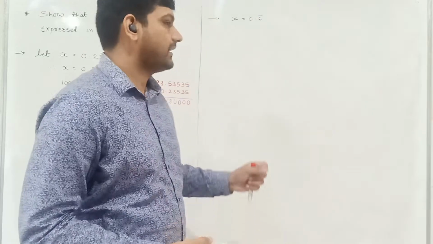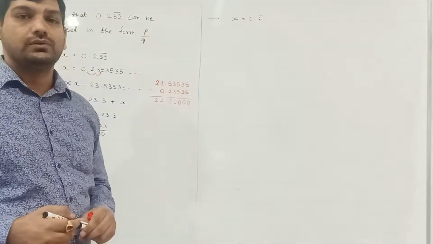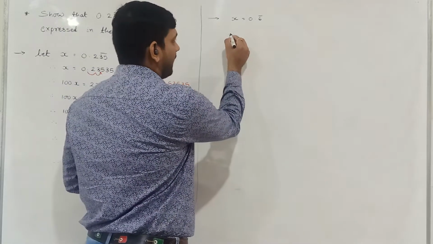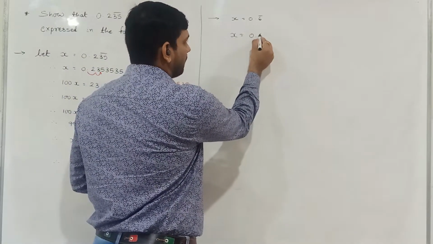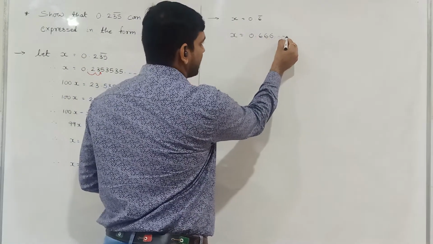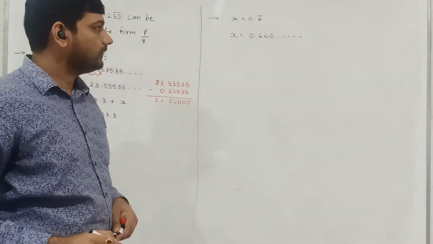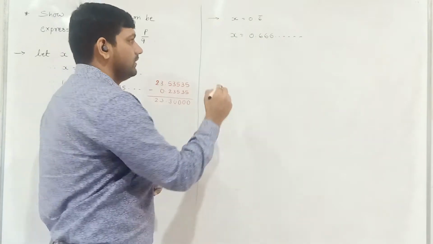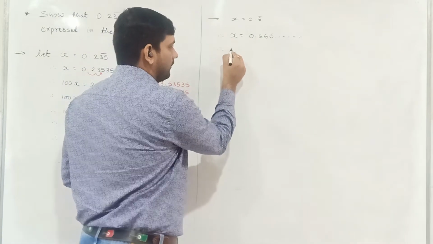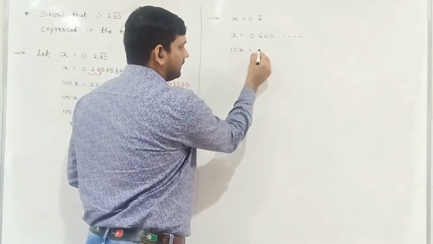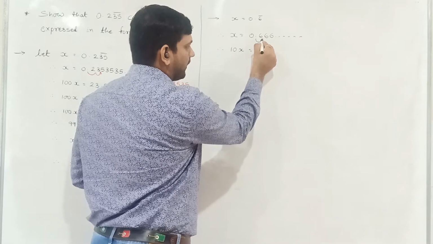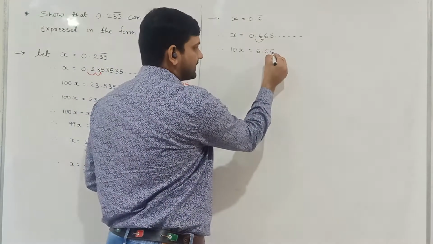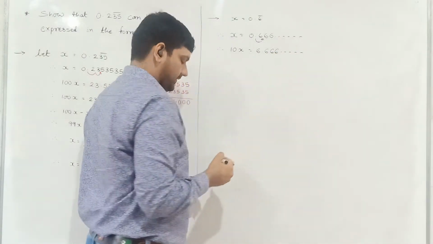Again, the next sum: x is equal to 0.6 bar. That means x is equal to 0.666 dash. The bar line is on only one number, so we multiply with 10. That means the decimal point goes to the right side: 6.666 dash.